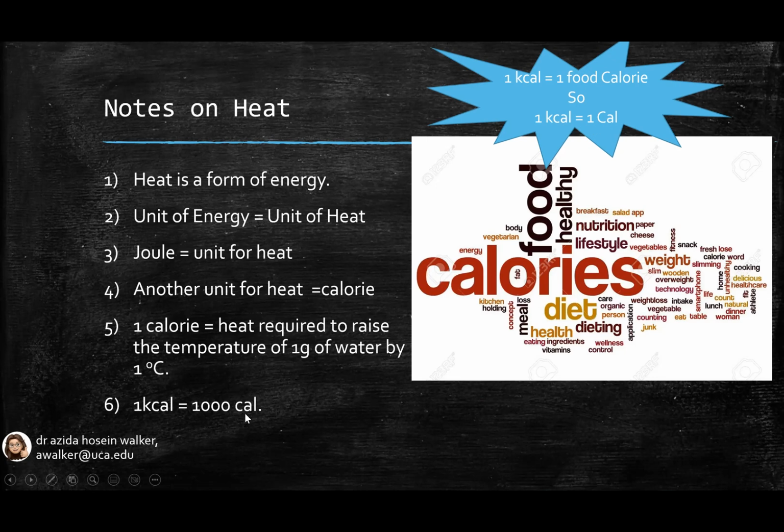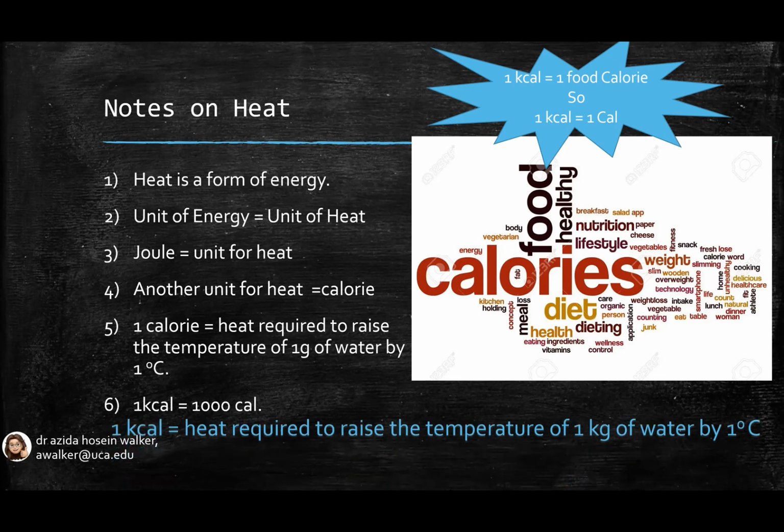Note that the calorie we use for the unit of heat is just a lowercase c. When we're talking about food calories, it's the uppercase C. And that's just because it's the format that's been used to describe the two different types of calories.